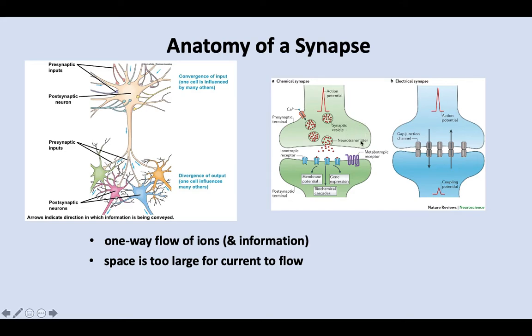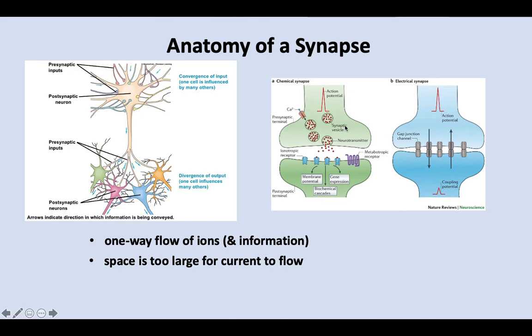Whereas on the left, there is this space in between, which is like an ocean of space because electrical currents cannot really make that jump across. So neurotransmitters play the role of bringing that information, and it's only when they fit like a lock and a key, these chemically gated channels, that they will have an effect on the postsynaptic neurons.